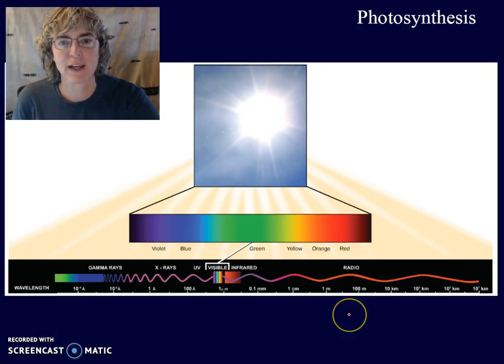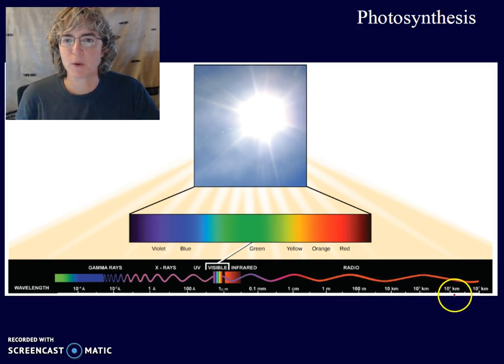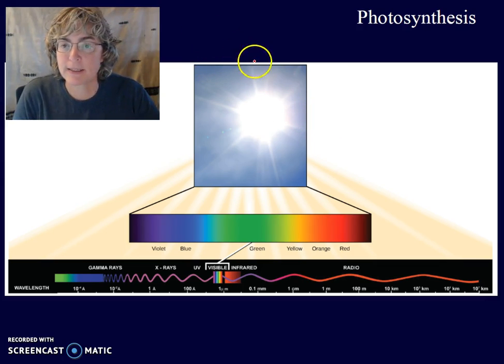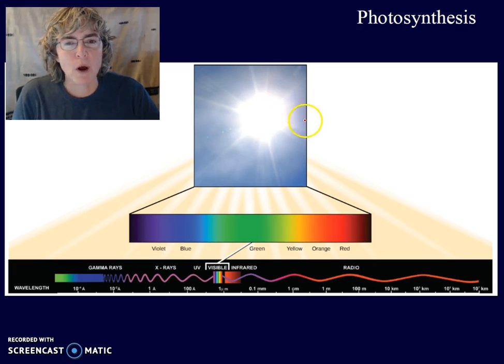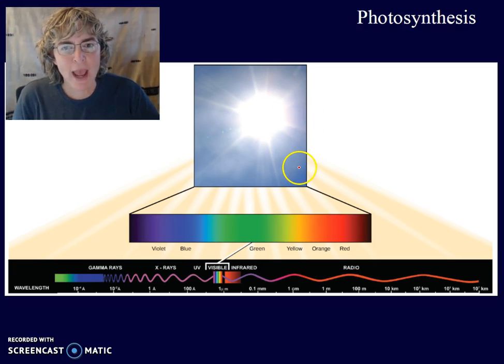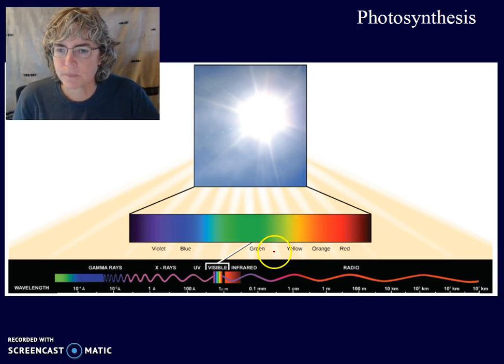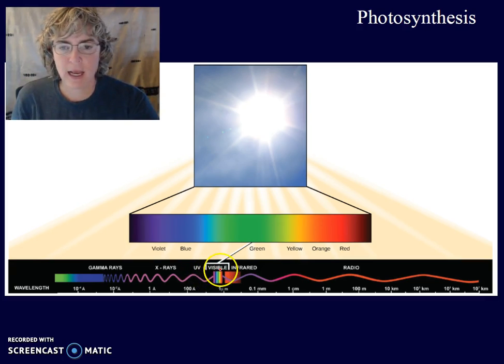Okay, so let's look at energy. What is energy? Energy from the sun is sometimes thought of as in a wave form, but also particle. So it's a wave and a particle. So right here, you can see that the light from the sun has many different wavelengths.